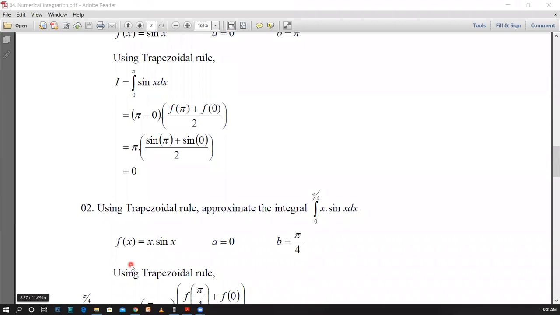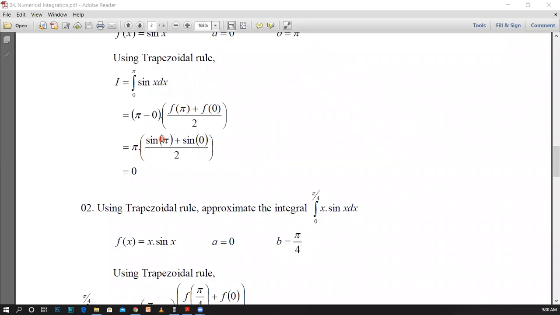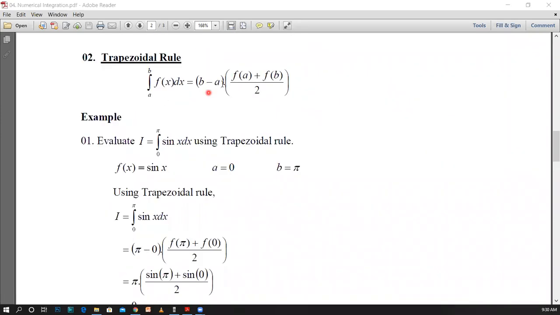Then this is the next example I am using. If you use the trapezoidal rule to approximate this integral, here also you have to identify the function as x times sin x, and the values of a and b, 0 and 5 divided by 4. First you can use the equation b minus a times f of a plus f of b, divided by 2.